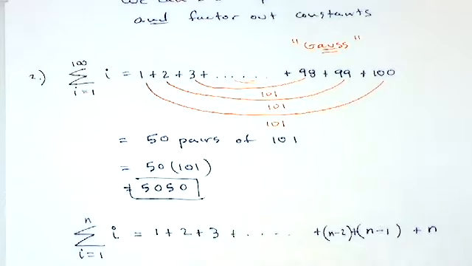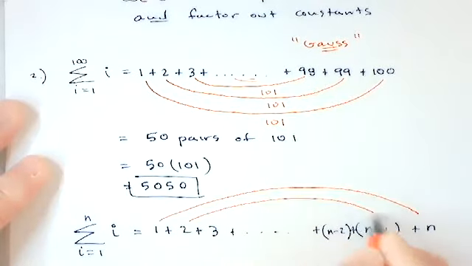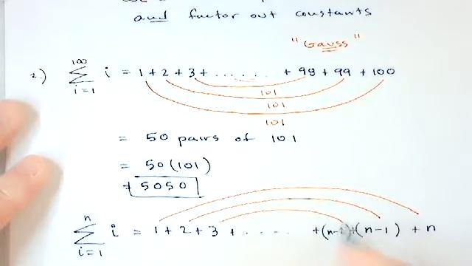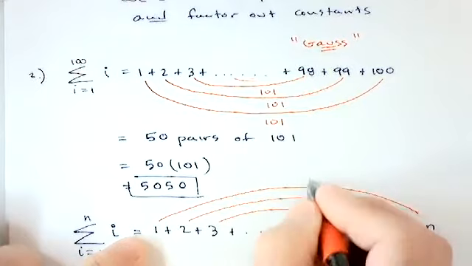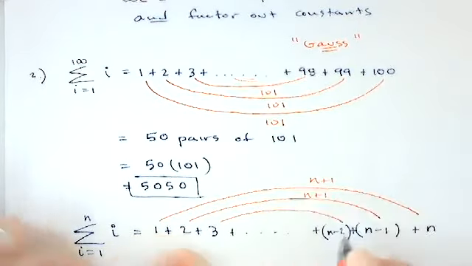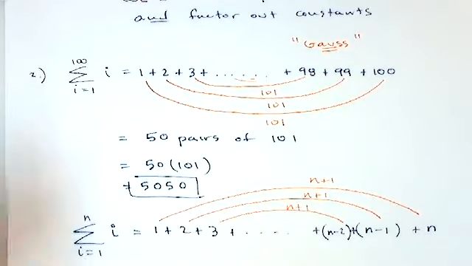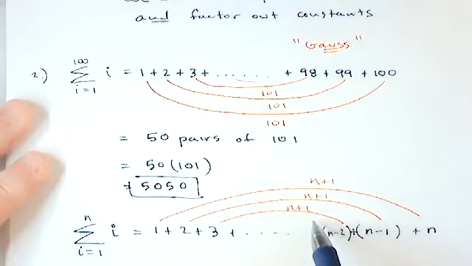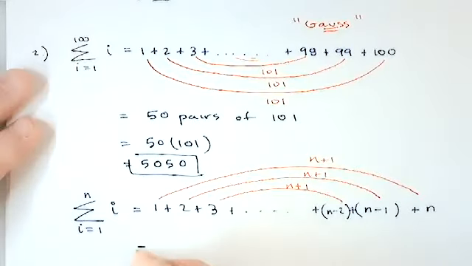And if you do the Gauss thing, if you start grouping things, everything you pair, first and last, gives you n plus 1, n minus 1 plus 2 gives you n plus 1, 3 plus n minus 2 gives you n plus 1. So you have a bunch of n plus 1s. How many pairs of n plus 1s will you have?